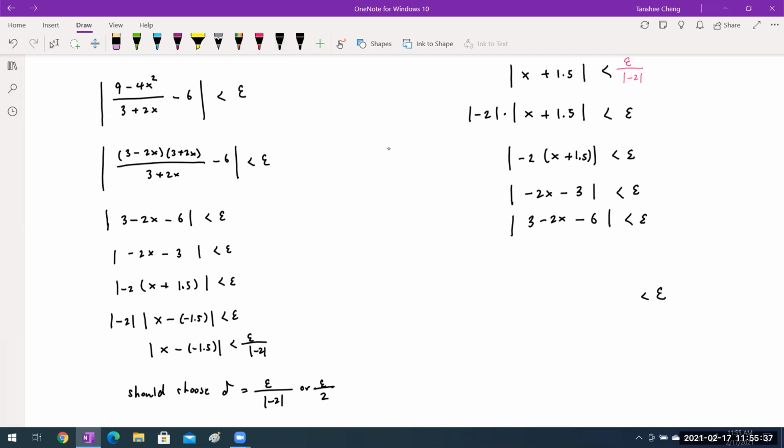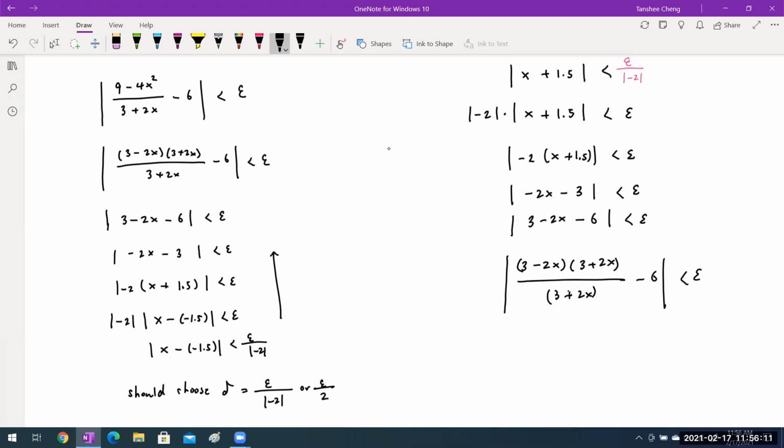So notice that I'm trying to use what we already simplified. I'm going backward right here to get it. Now the next thing that I'm going to do is use the fractions idea to multiply top and bottom by the same number, the equivalent form of this, 3 plus 2x and minus 6.